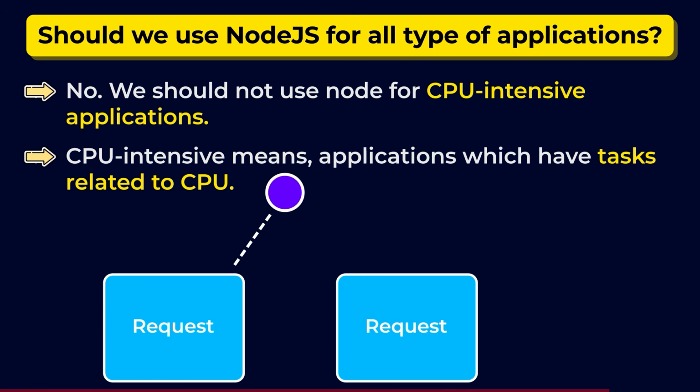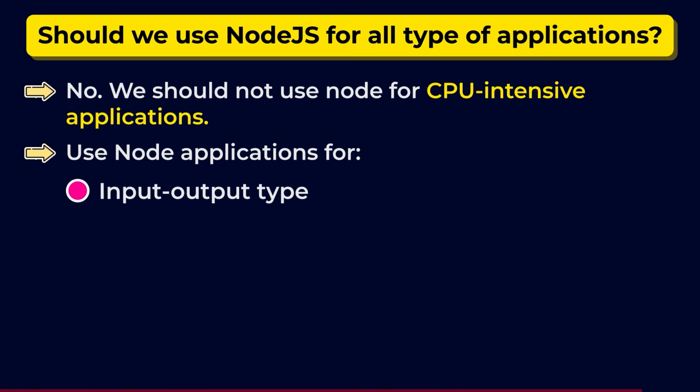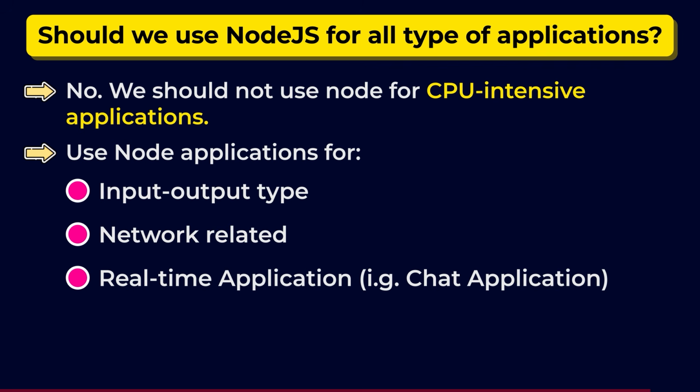When it performs CPU-related operations, other clients have to wait for that task to complete. Here, Node will lose its advantage of being asynchronous, and that's why we should not use Node for CPU-intensive applications. We can use Node for input-output, network-related, or real-time data-related applications. Just remember, we should not use Node for CPU-intensive applications, otherwise Node can be used for almost all kinds of applications.